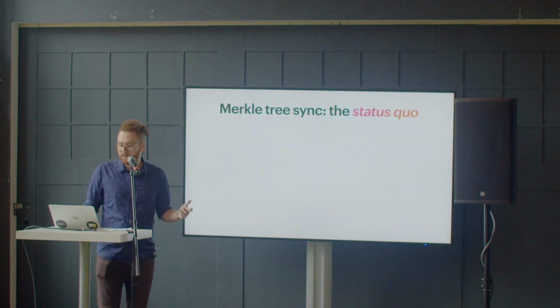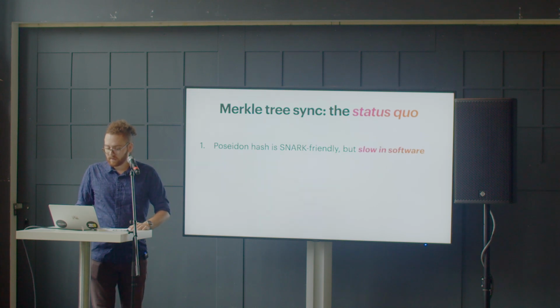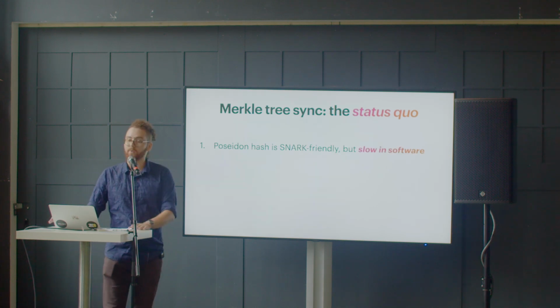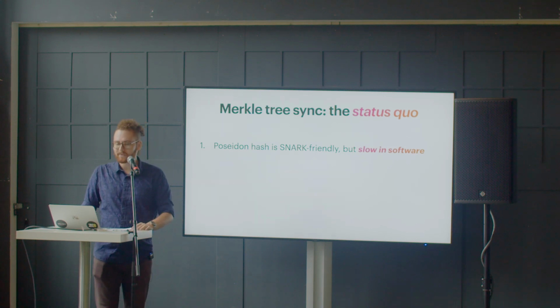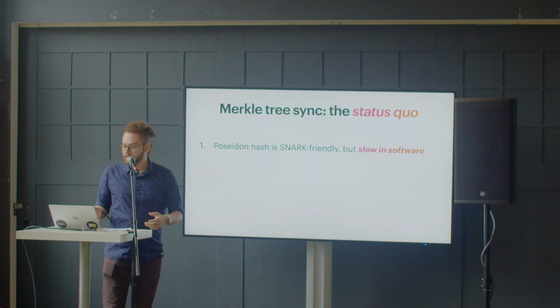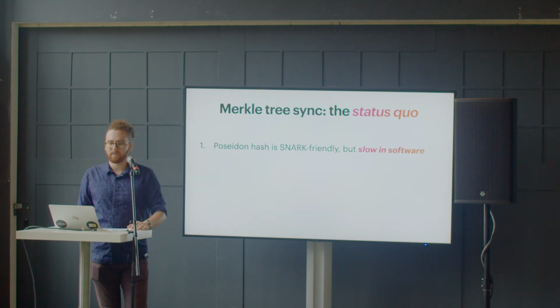So the status quo is that we use Poseidon hash, which is a snark-friendly hash that I suspect many of you have heard of. Poseidon is really great. It's very friendly for making efficient snark proofs, but it's slow in software. It's 100 to 1,000 times slower than doing very efficient cryptographic hashes that don't have to support snarks.